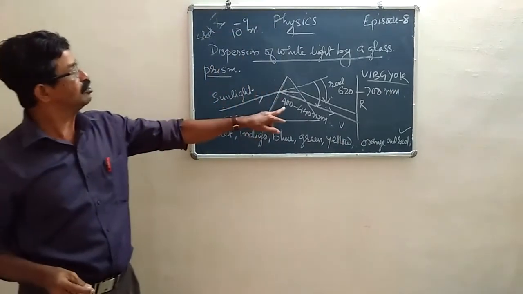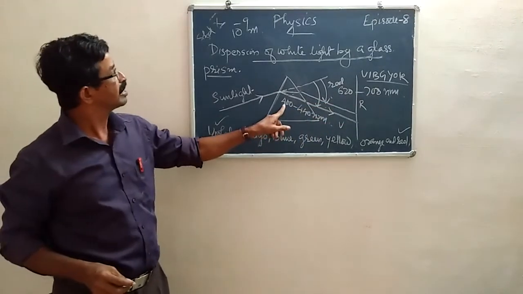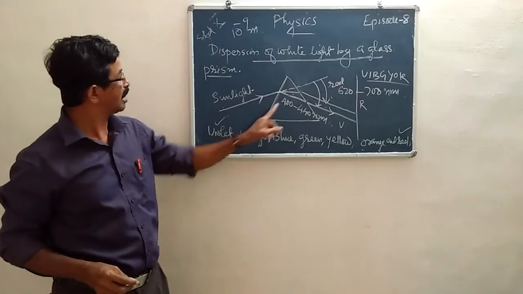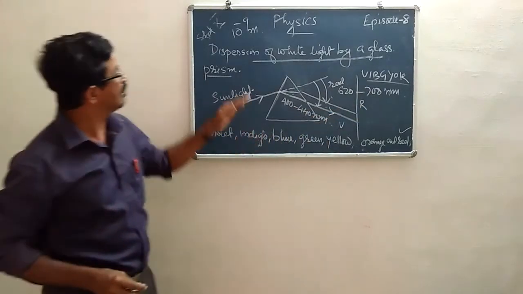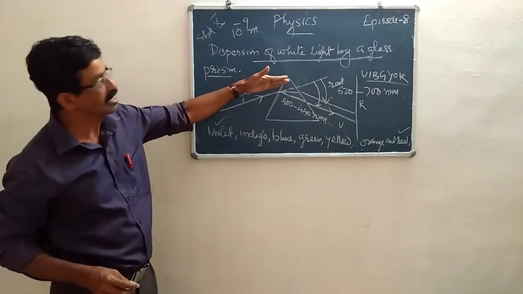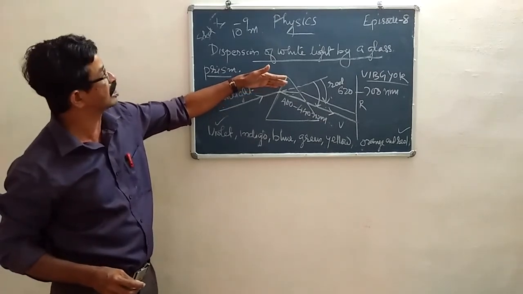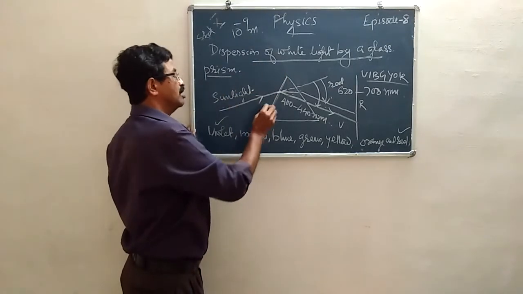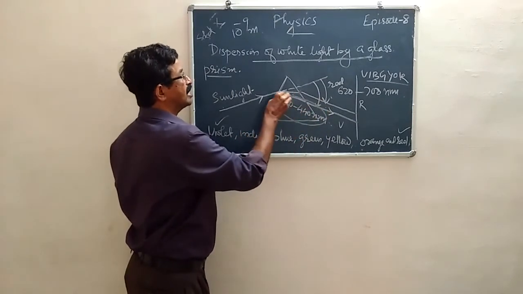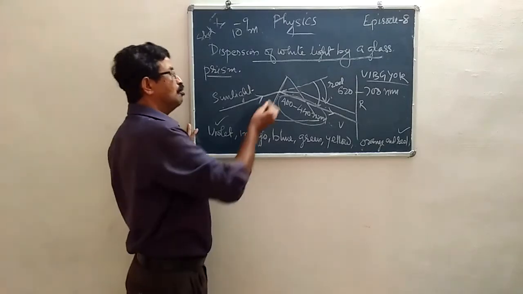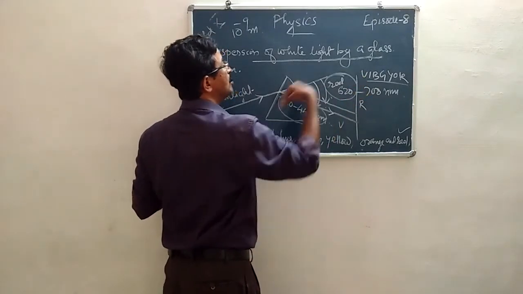That means compared to violet, the wavelength of red is more. So the least wavelength color is violet and the most wavelength color is red. When this light passes through a prism, it deviates, or refracts, at different rates. The shortest wavelength, violet, deviated more and its refraction is more, and least deviation occurs for red.